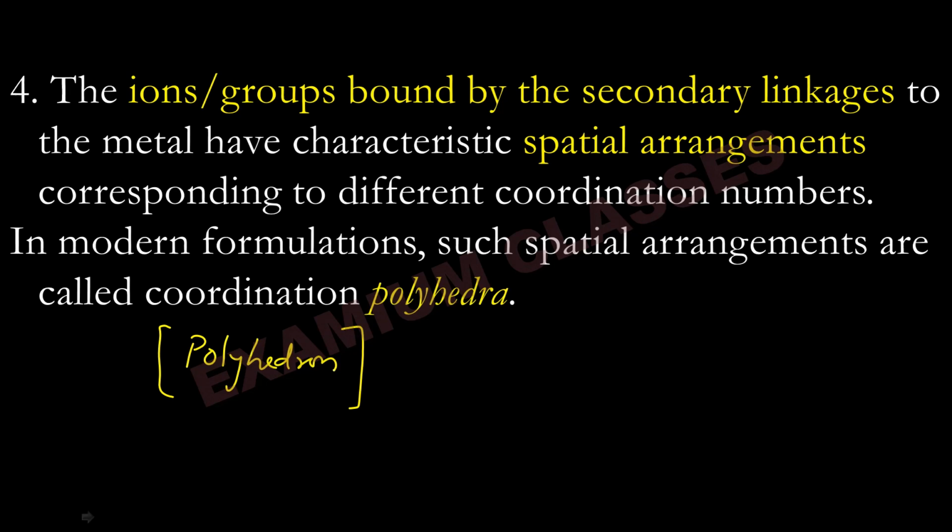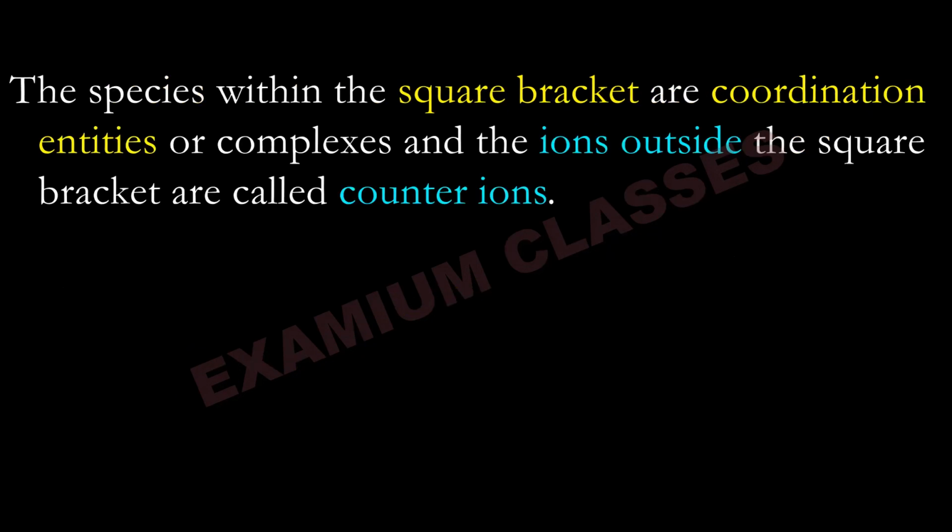Coordination entity inside the square brackets. But if we are showing the 3D structure inside it, then we will call it a polyhedron, coordination polyhedron. The species within the square brackets are the coordination entity. This is something I have already told you: coordination entity, or if the spatial arrangement, coordination polyhedron, or complex.